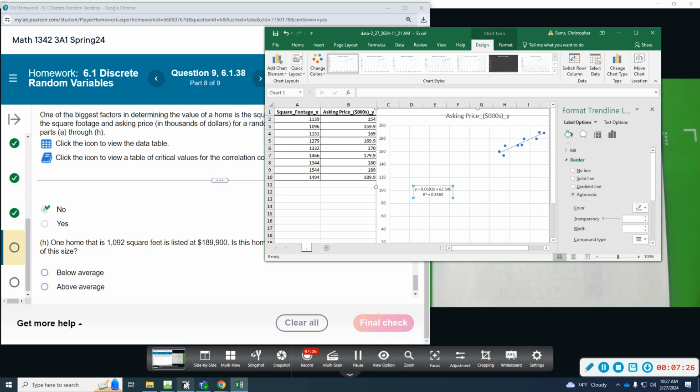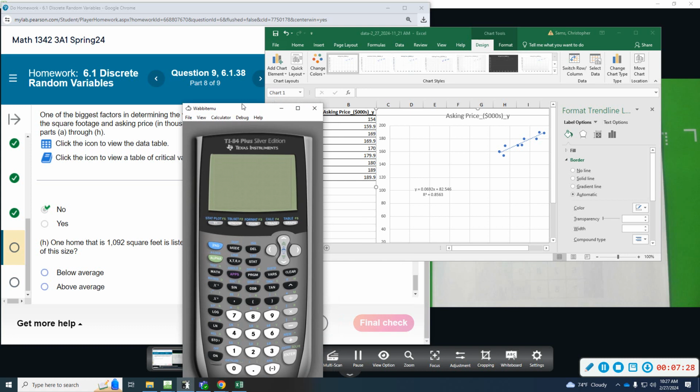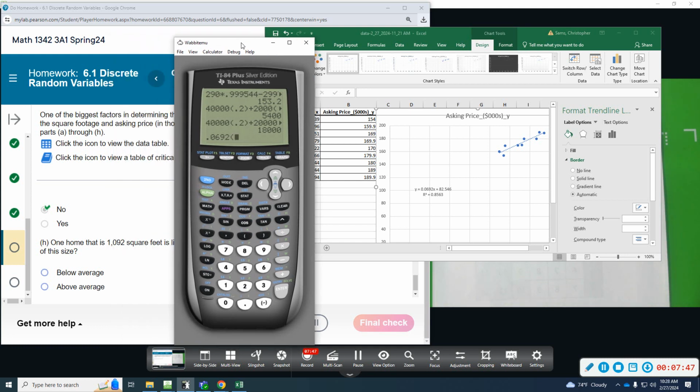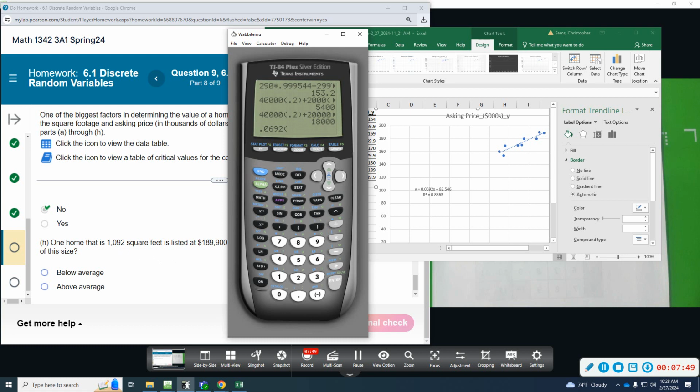So I'm going to use my calculator this time, and I'm going to put that equation in y equal. Well, I don't have to do it in y equal. I can just say the slope, which is going to be 0.0692, and then I'm going to put the square footage in there, and that's what x is, so the 1092.